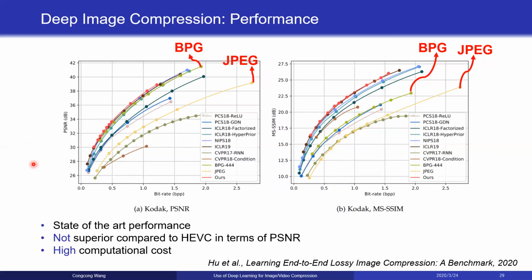And a better performance is achieved for multi-scale SSIM, also because these networks are trained for both PSNR and multi-scale SSIM. Still, although the methods achieve nice results now, the runtime of learning-based methods still cannot be real-time.